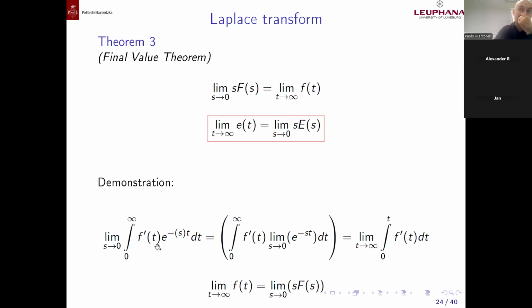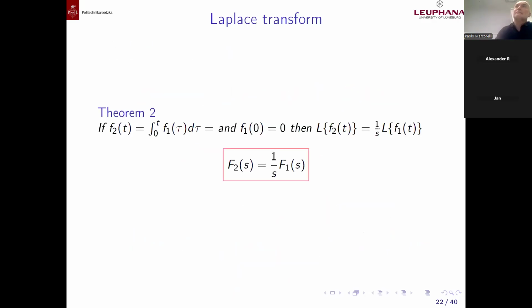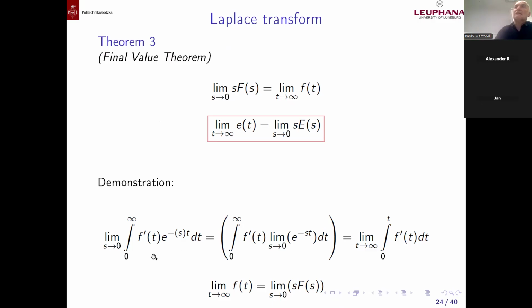This is exactly s multiplied by F of s, assuming again that f of 0 is equal to 0. Excuse me, f derivative, no? F derivative is equal to 0 in this case.